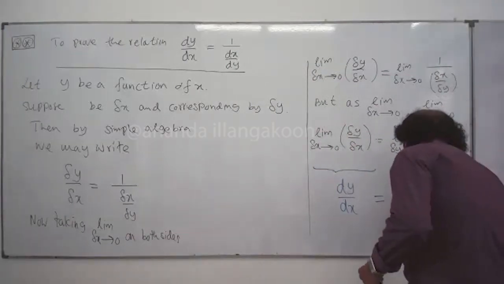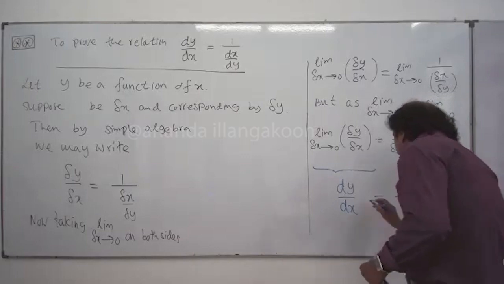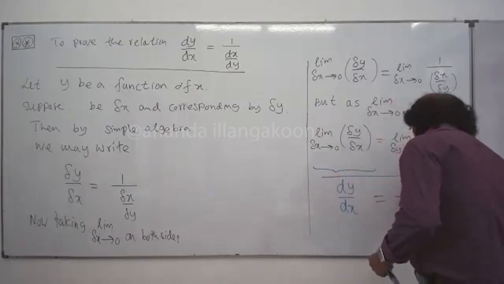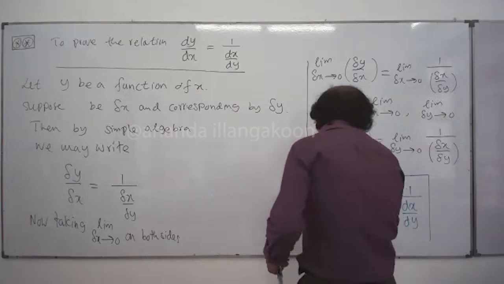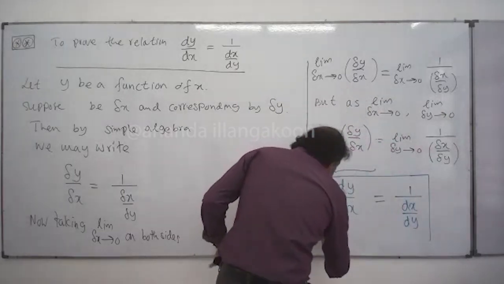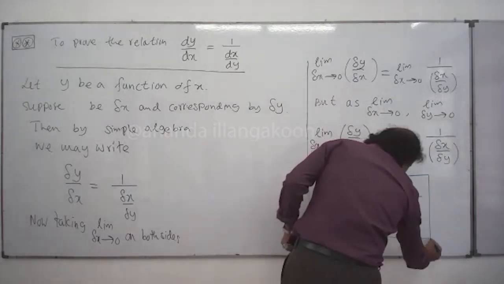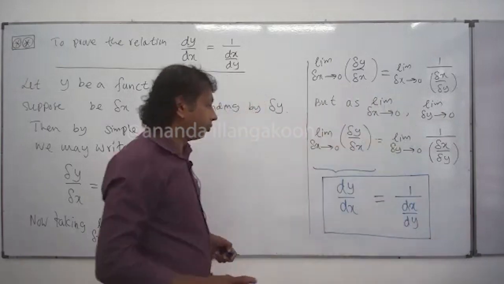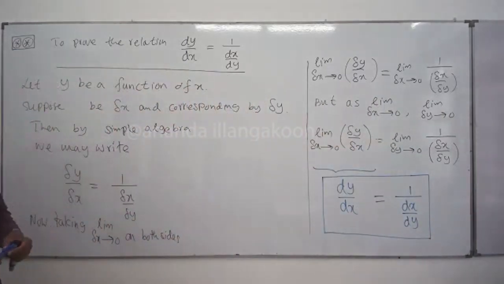It is equal to 1 upon dx by dy. This is the required relation. Understood?